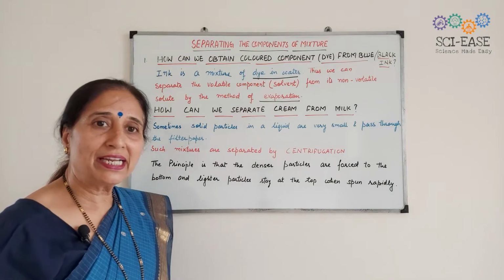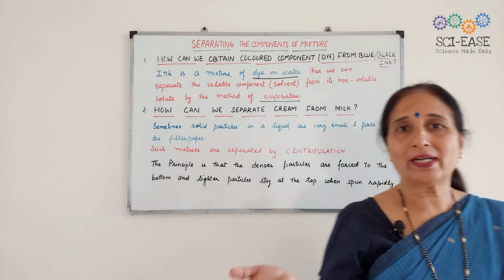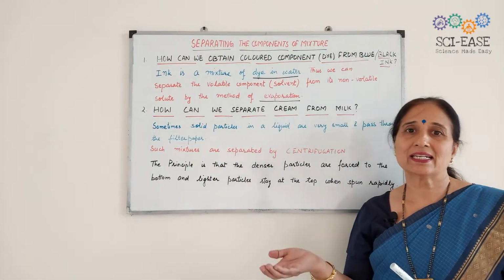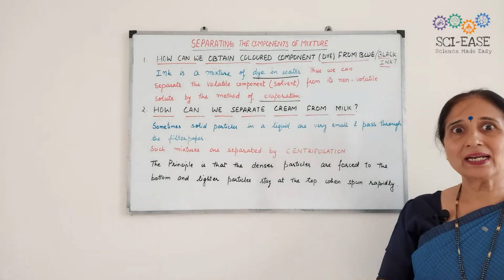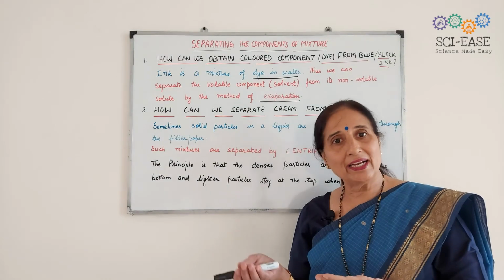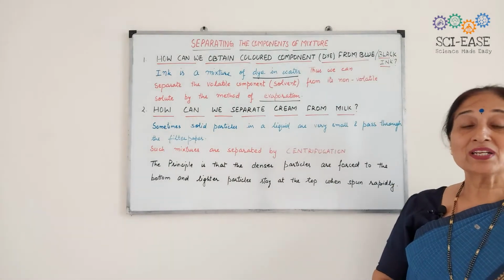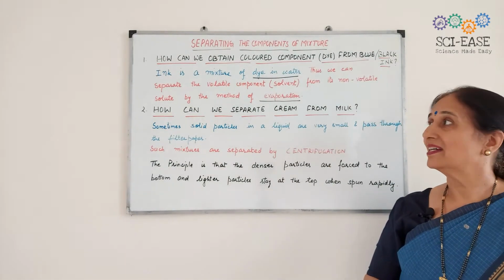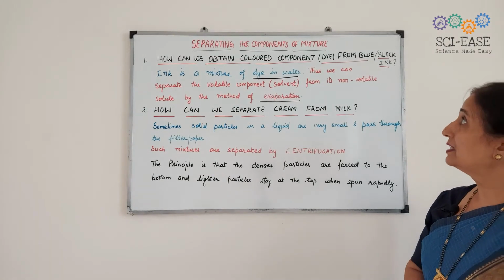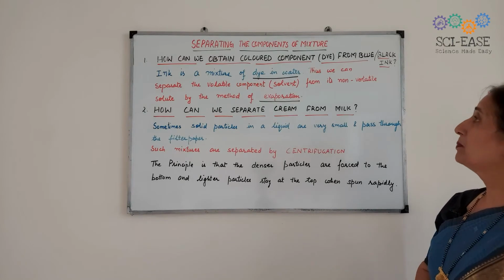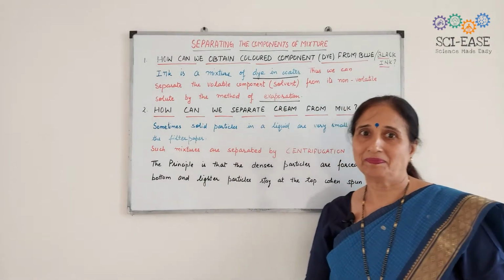So the solvent gets evaporated and what is left behind, the dye, is left on the watch glass. Now you can study the dye individually also. So this is one of the methods by which we can obtain the colored component, dye, from the blue-black ink.